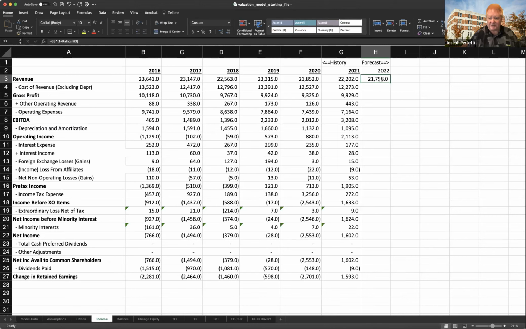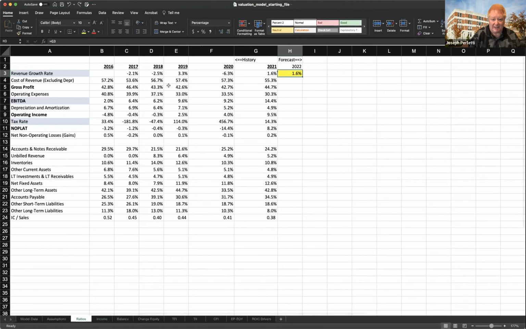Ratio creates forecast. Now, just so we have the same numbers for our homework assignment, building the same model, I'm going to undo that, and I'm going to leave for 2022 the placeholder equal to the previous year, equal G3. That's what you should have.